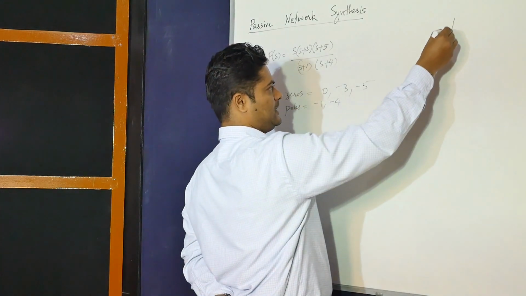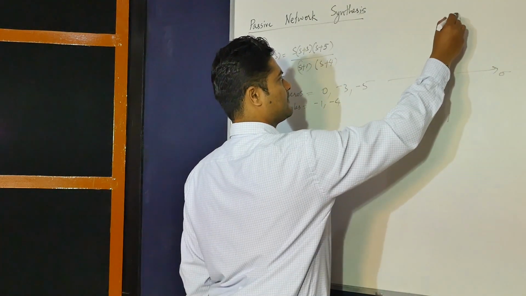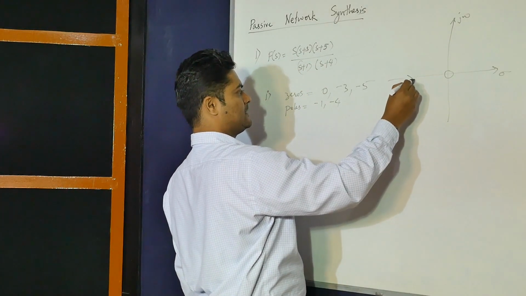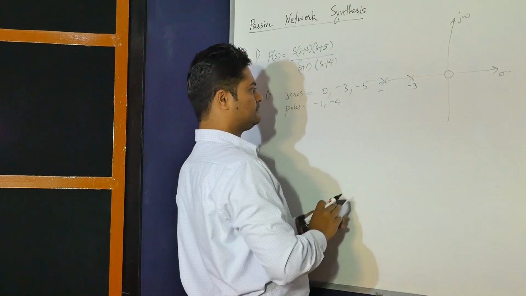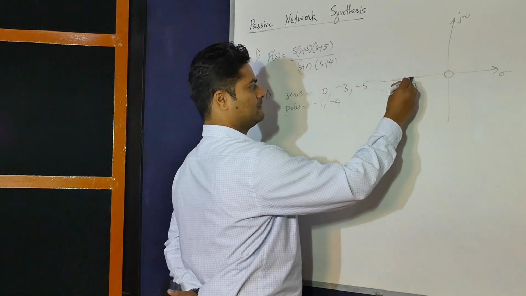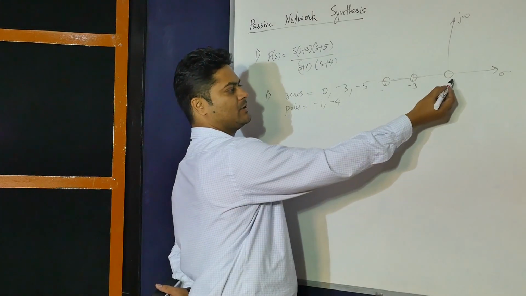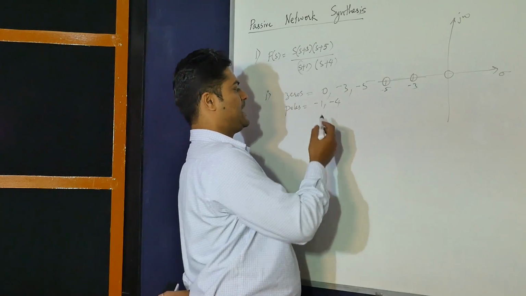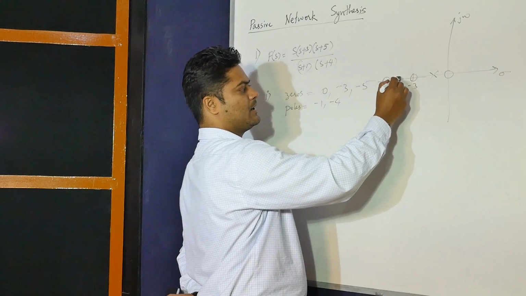If I plot this on the S-plane, we have zeros at the origin, at minus 3 and at minus 5, whereas the poles lie at minus 1 and minus 4.